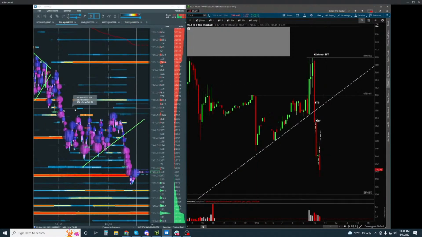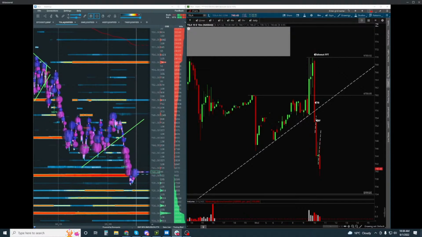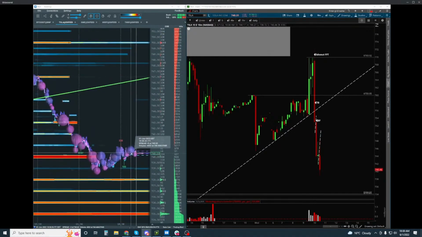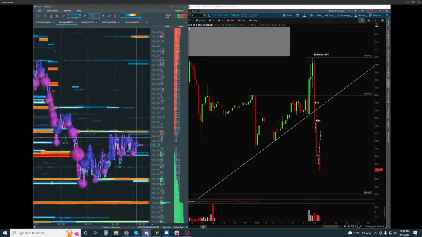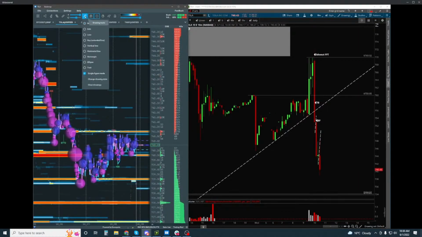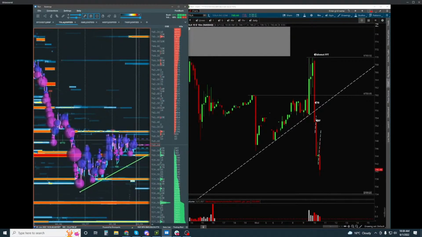Therefore, I expect a little bit more from this. Possible another bear flag formation. Just look at Bookmap.